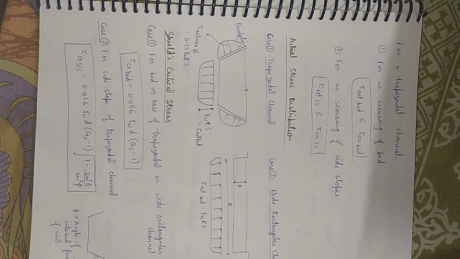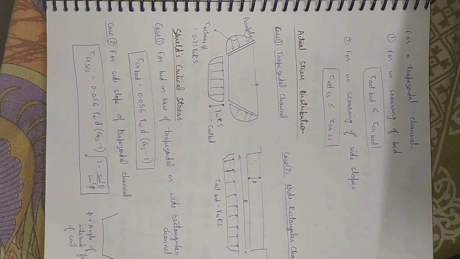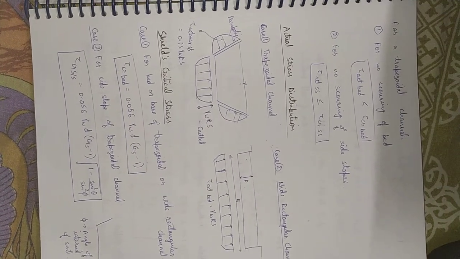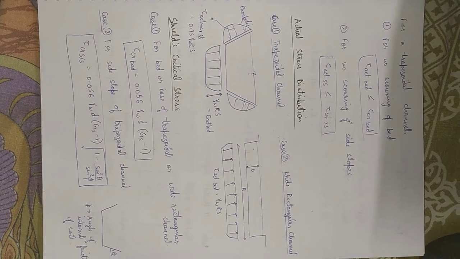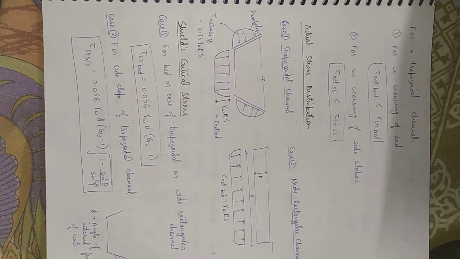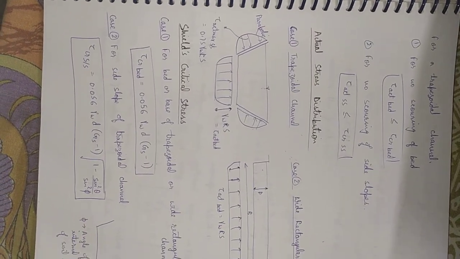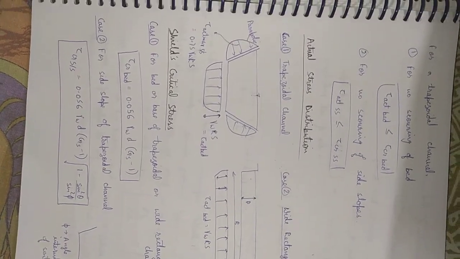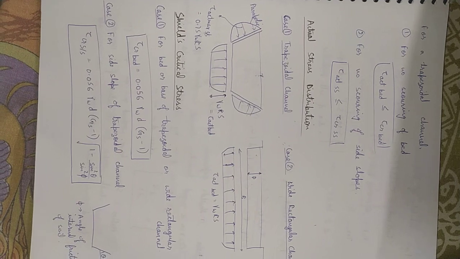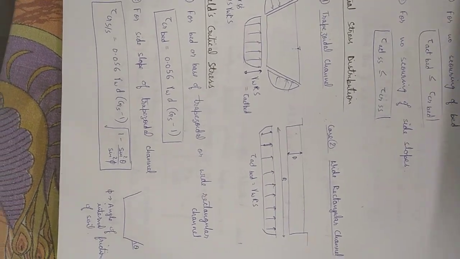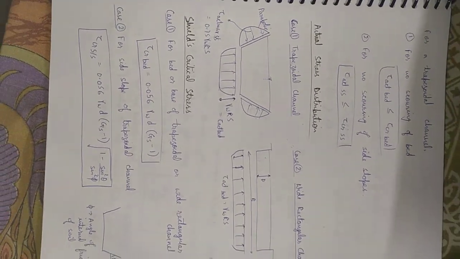For trapezoidal channel, for non-scouring of bed, the tau actual on bed should be less than or equal to tau critical for bed. And similarly, for non-scouring of side slopes, the tau actual for side slope should be less than or equal to tau critical for side slopes.